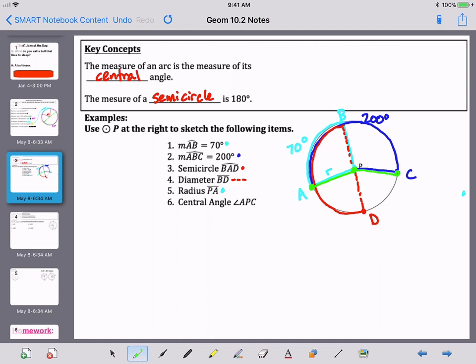And let's see, how many degrees would that be from A to P to C? Well, it looks like from A to B to C is 200 degrees. So this would have to be 160 degrees, so that we make 360. So there's central angle APC. Okay, so just a few quick ideas in one circle. I know there's a lot going on here, but I tried to color code it so you guys can differentiate between the 6 examples.